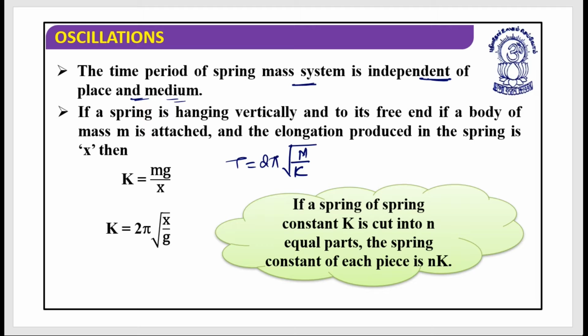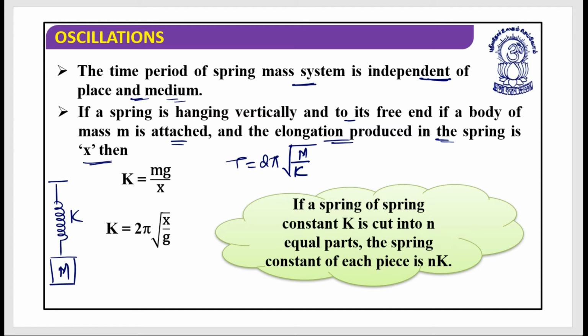If a spring is hanging vertically and a body of mass m is attached to its free end, then the elongation produced in the spring, x, can be written as follows. Let's say this is the spring, and on its free end a block of mass m has been attached.